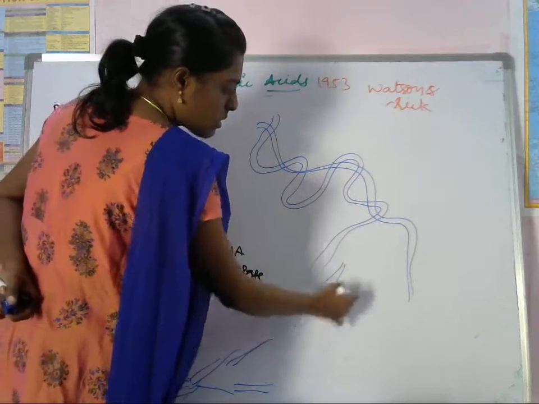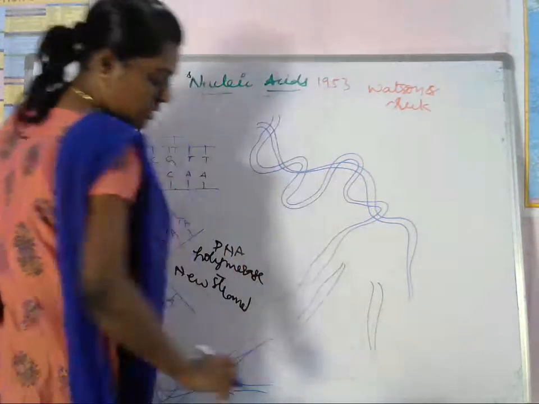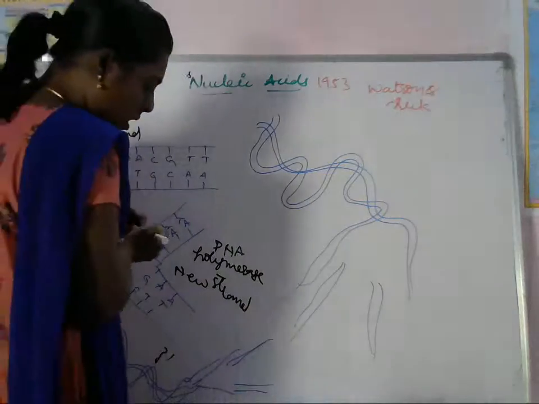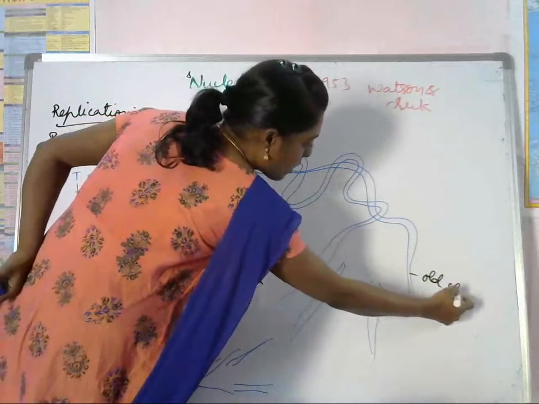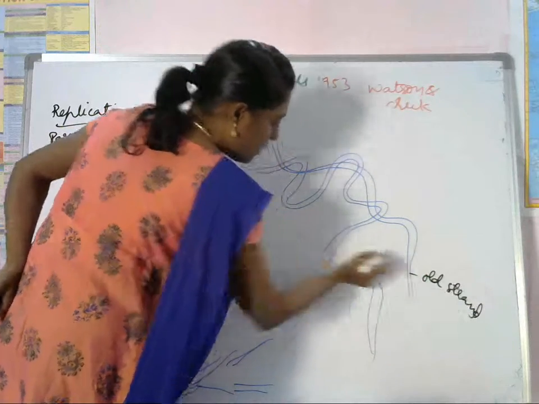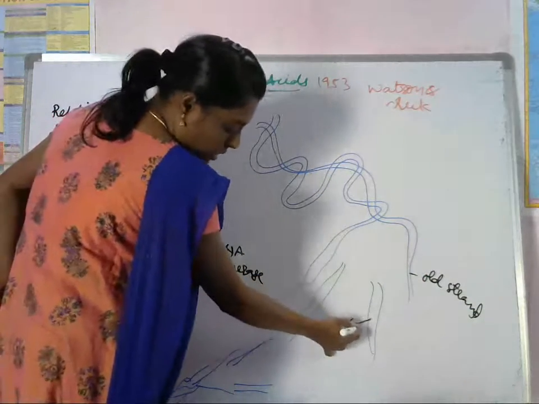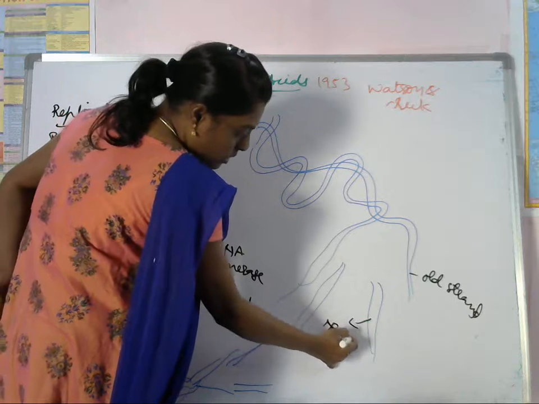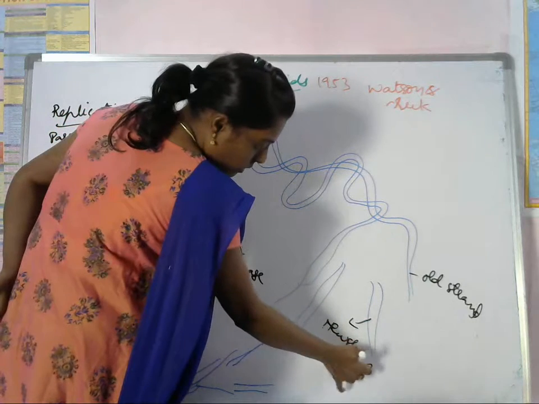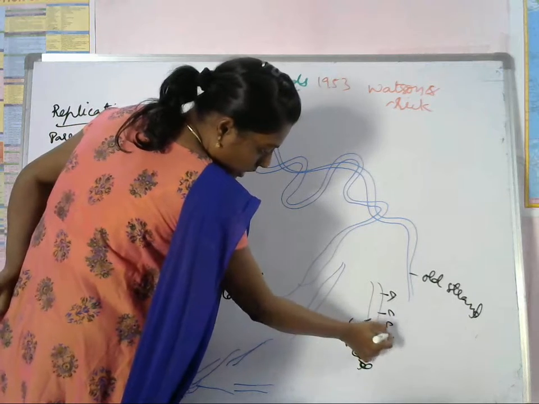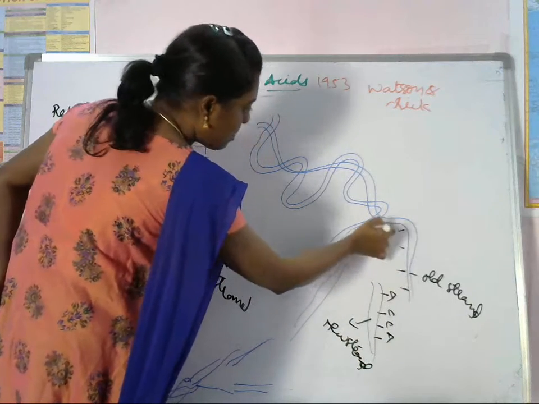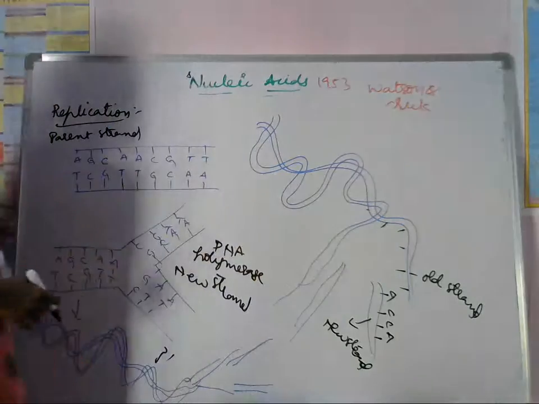So like this. Okay, so this is the old strand, means parent strand, old strand, and this is the daughter strand, means new strand. Okay, so here we will have G, C, C, A. So we will have the base pairs in each strand.